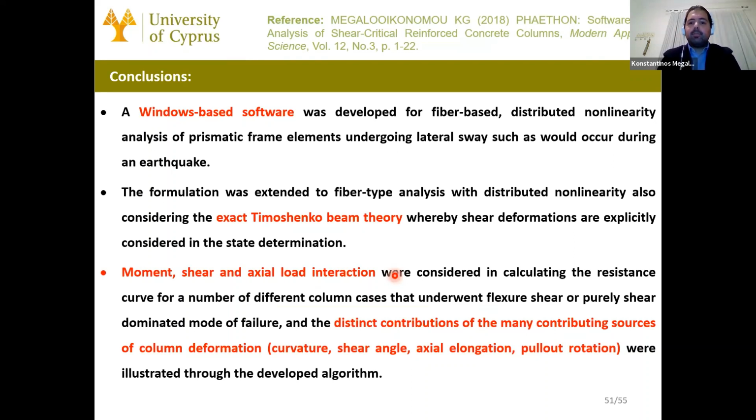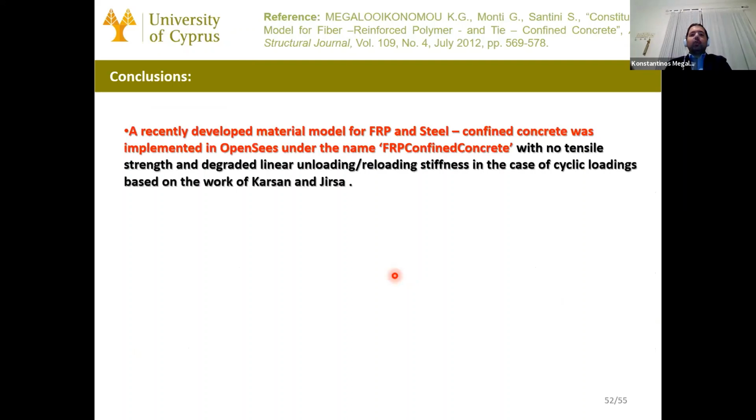And regarding the FRPConfinedConcrete, the version already existing in OpenSees, the one that will be incorporated for circular sections, and the one that will be incorporated for rectangular sections. Regarding the one for circular sections, it has no tensile strength, and has degraded linear unloading and reloading stiffness in the case of cyclic loadings, based on the work of Chang and Mander.